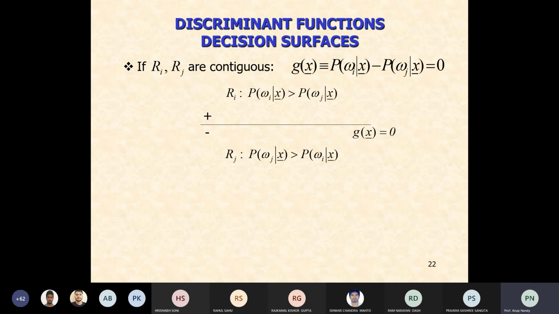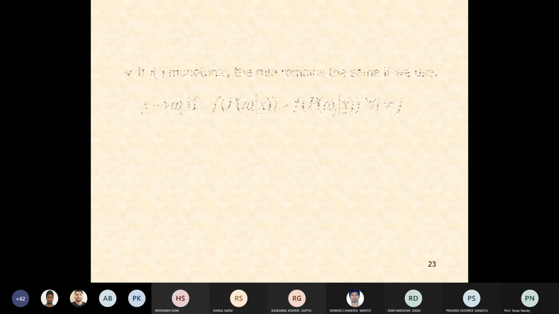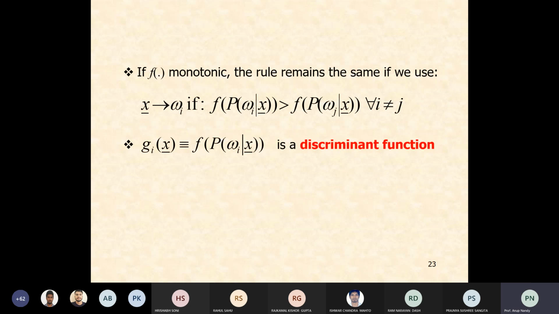For example, you have gi(x) equivalent to f(P(wi|x)), where f(.) is a monotonically increasing function, or a monotonically non-decreasing function.